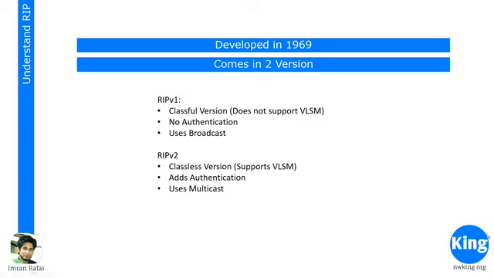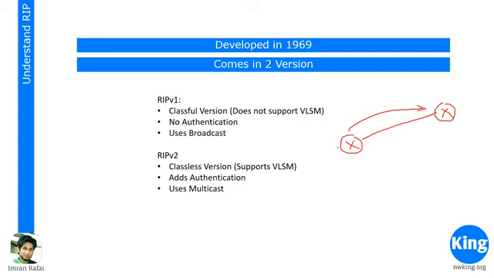So basically, how RIP works is you have routers. There is a router here, and these two routers, as a general rule of how routing protocols work, this router tells the neighbor what it knows.